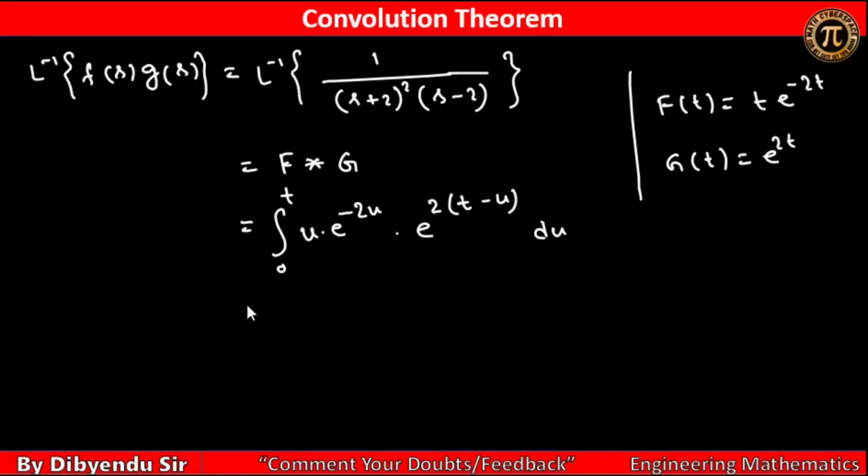Now just simplify this. This is the integration from 0 to t. If I break e to the power 2 into (t minus u), you are getting a term e to the power 2t. Yes or no? Here you are getting e to the power 2t, but the integration is with respect to u, so we can take this e to the power 2t out of the integration sign.